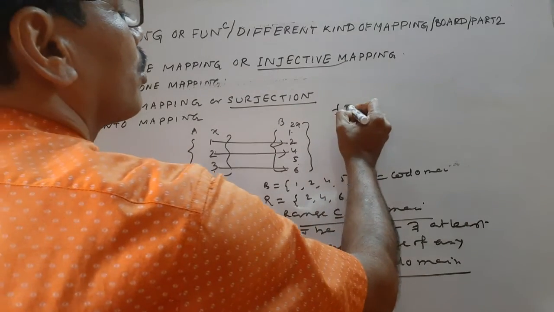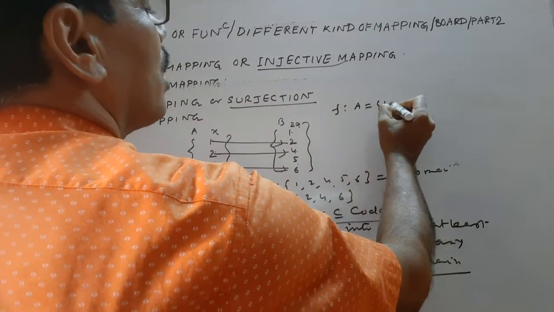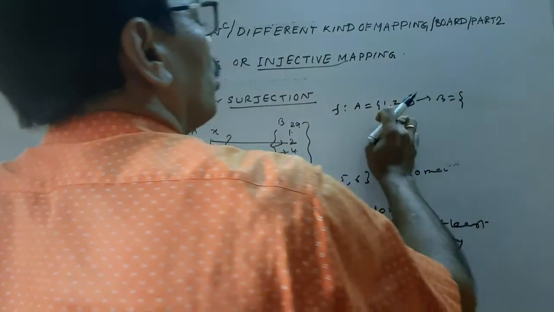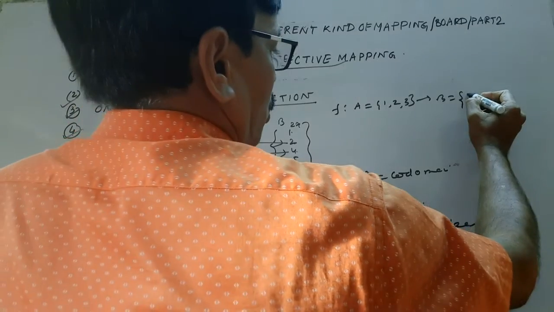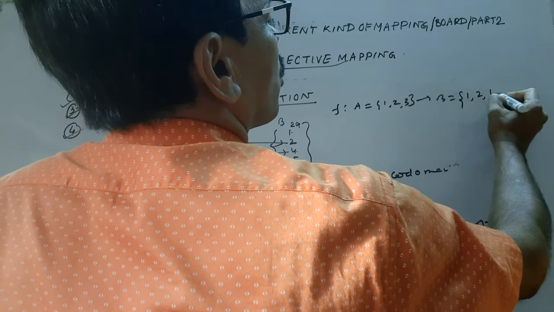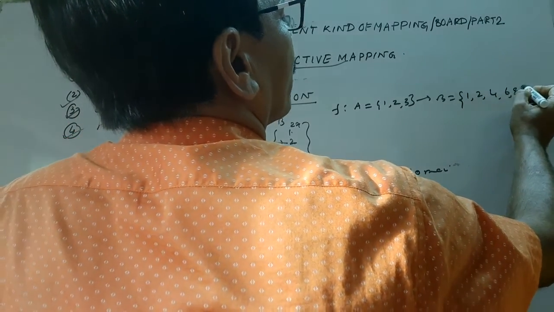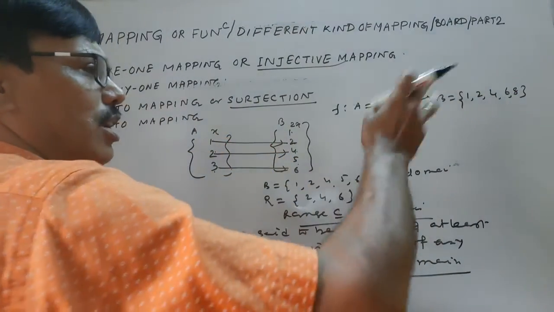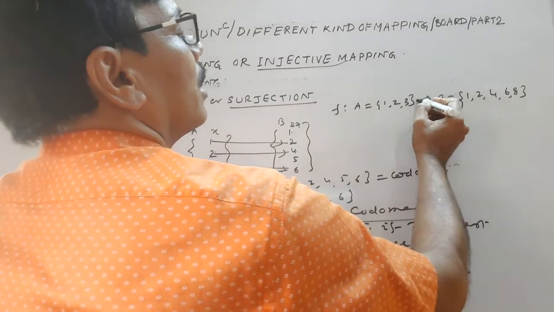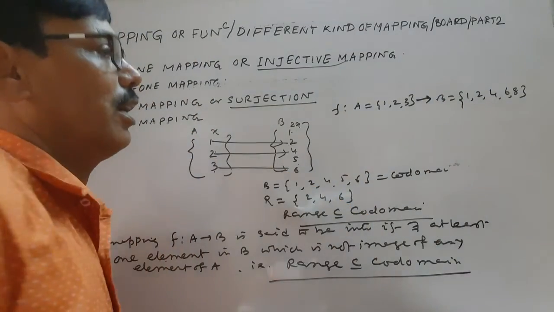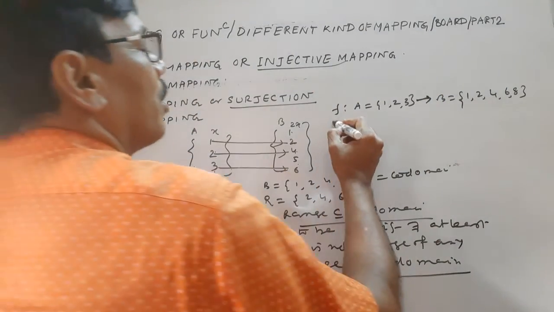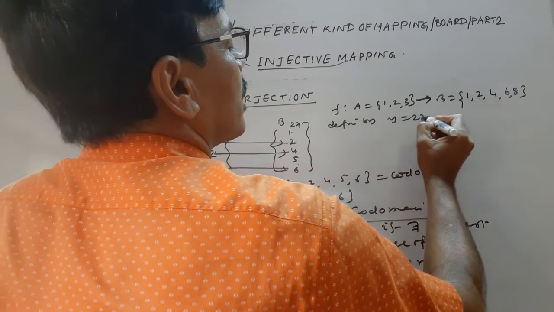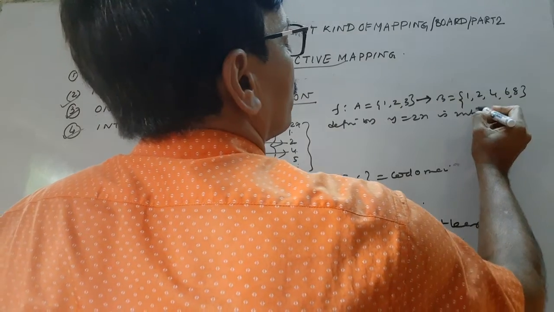So if A is 1, 2, 3, and B is 1, 2, 4, 6, 8. So 2, 4, 6 are images, and you take at least one extra element, defined by y equals 2x, is into.